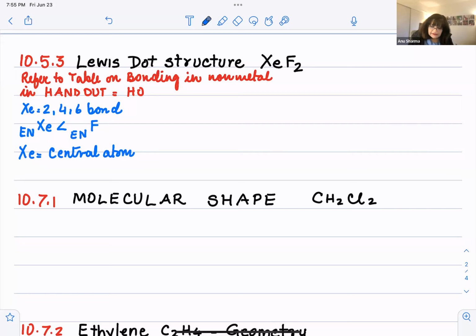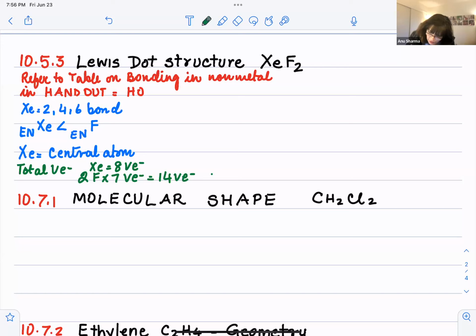Next is the total valence electrons. For xenon, we have 8 valence electrons, and there are 2 fluorines, each bringing 7 valence electrons, so a total of 14 valence electrons. So 14 plus 8 is 22.